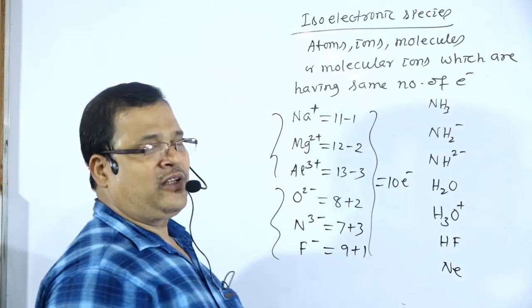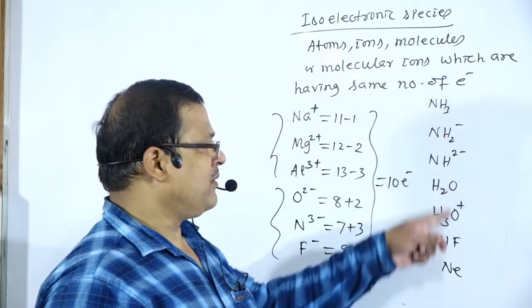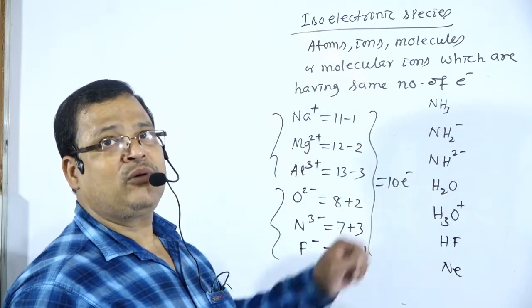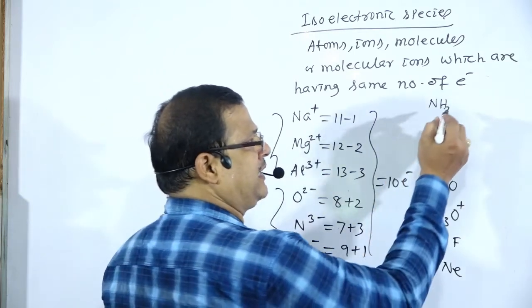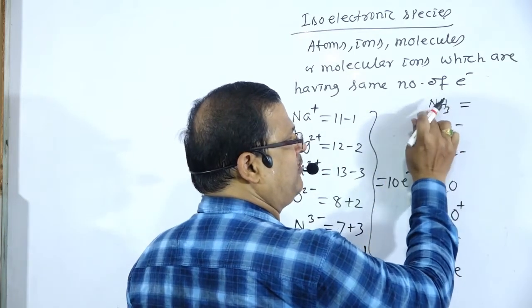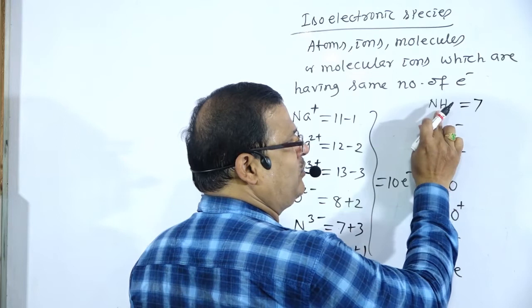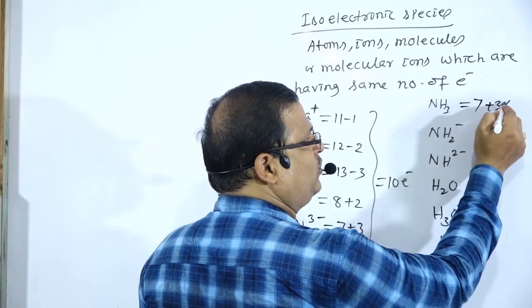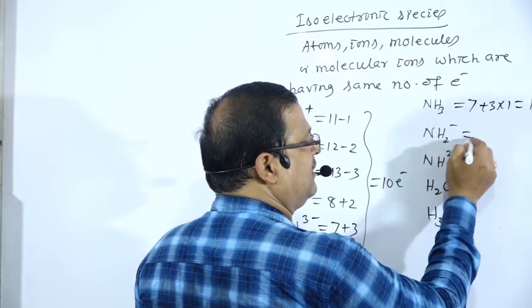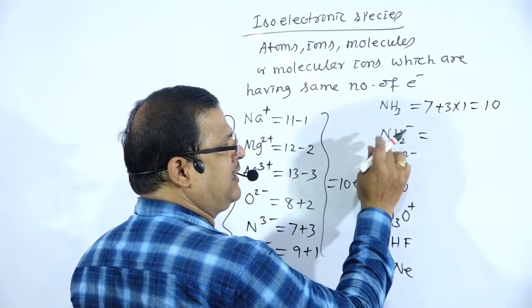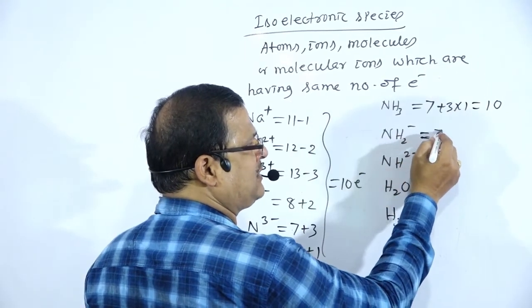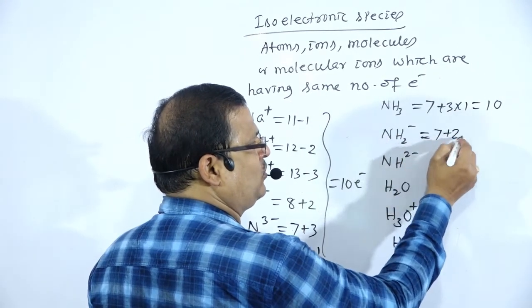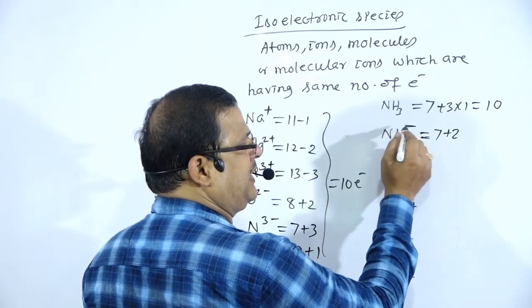In the same manner, if we count the number of electrons present in these molecules and molecular ions: NH3, nitrogen atomic number is 7, hydrogen 1, that is 3 into 1, that is 10. Amide, nitrogen atomic number 7, 2 hydrogen atoms 2, plus negative charge.